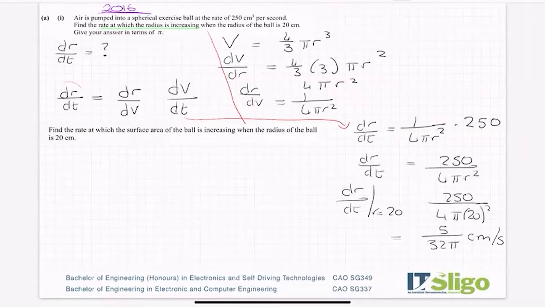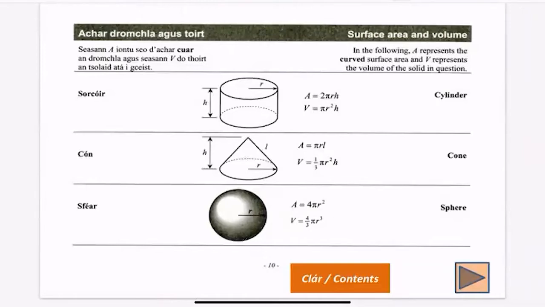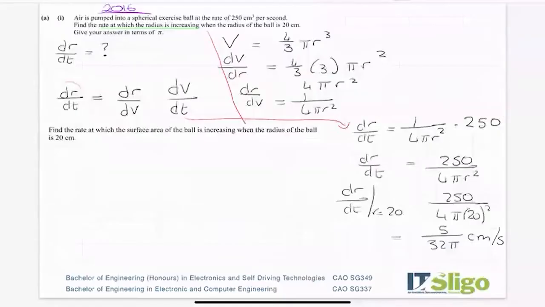Find the rate at which the surface area of the ball is increasing. So it's still a sphere, still a ball. Okay, surface area is here. I know that because A represents the curved surface area and V is the volume. So A is equal to 4 pi r squared.